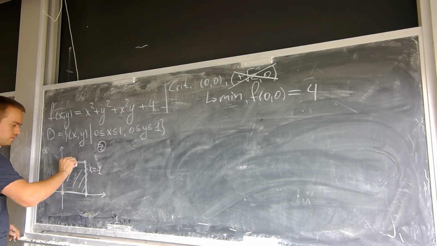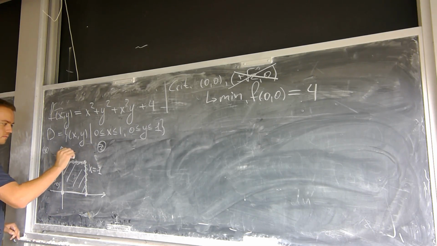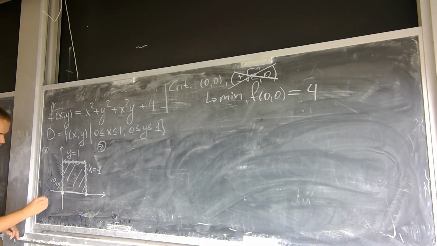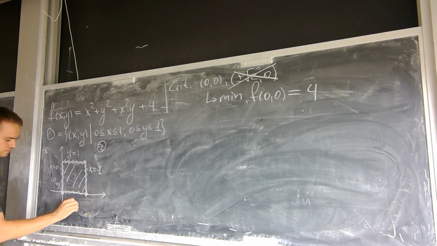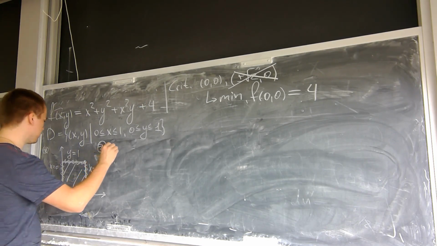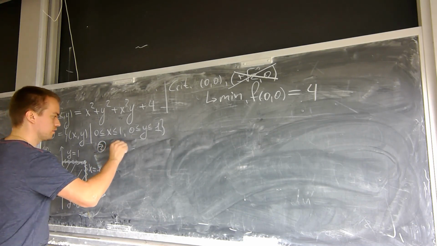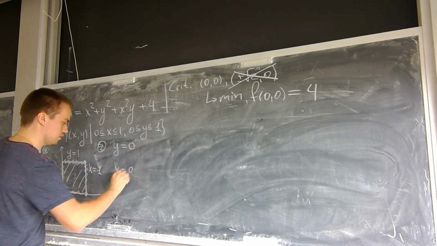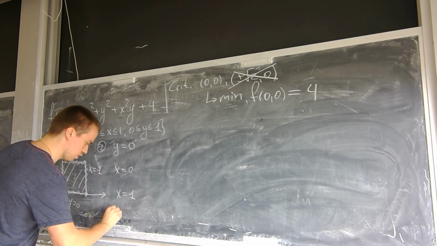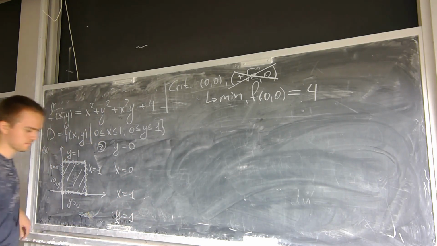What about this bound? Y equals 0. So right now in step 2 I have y equals 0, x equals 0, x equals 1, y equals 1. Yes?